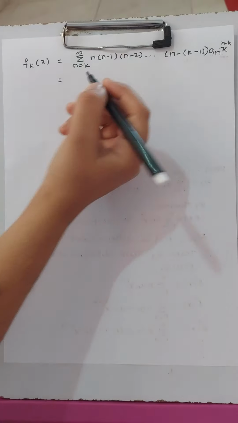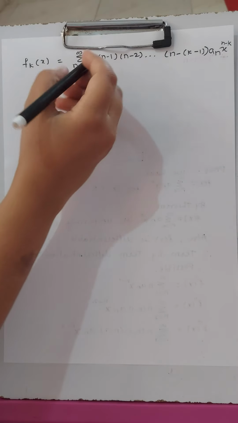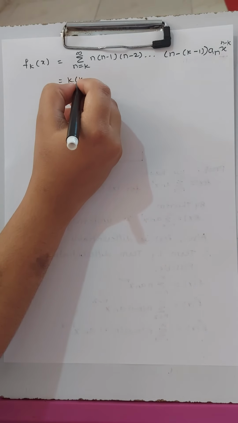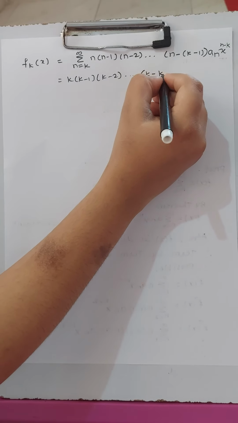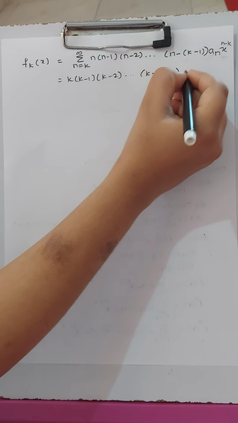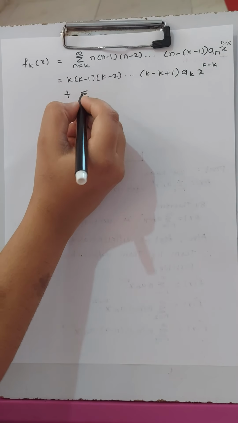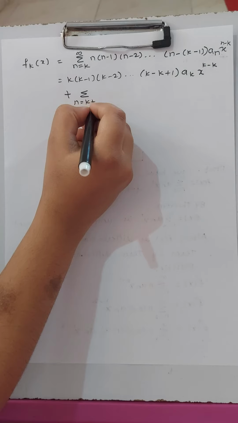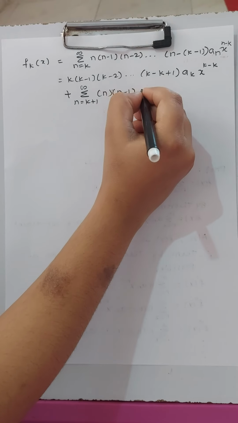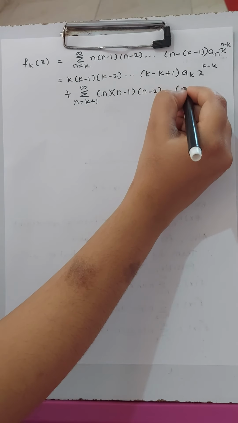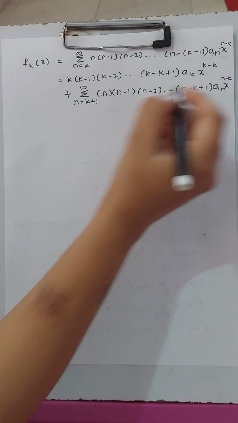So we put n equals k in this term, and we get k(k minus 1)(k minus 2) up to (k minus k plus 1) a k x to the power k minus k, plus the summation now starting from n equals k plus 1 to infinity n(n minus 1) up to (n minus k plus 1) a n x to the power n minus k.